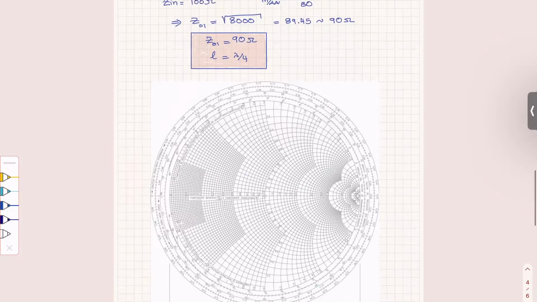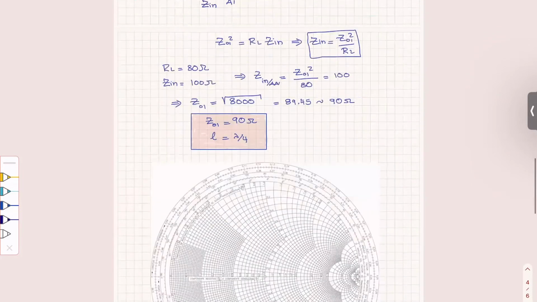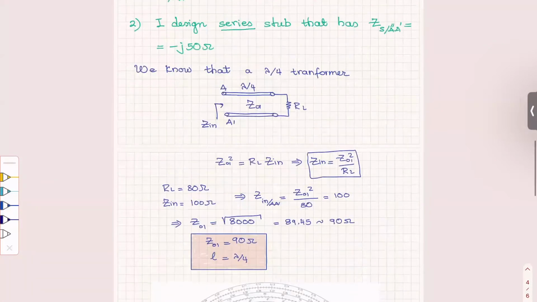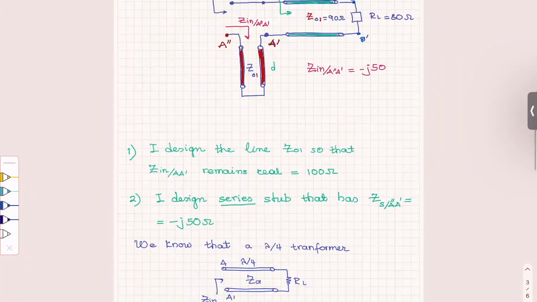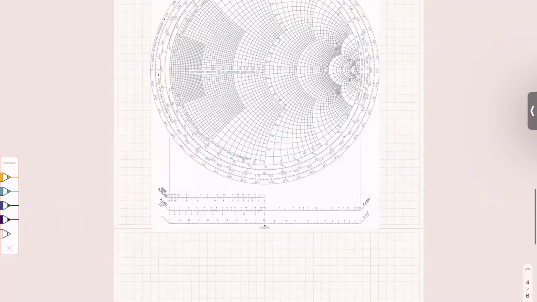Okay, so now we have to develop a stub that has here an input to the stub of minus j50. To design on the Smith chart, we have to normalize impedances.